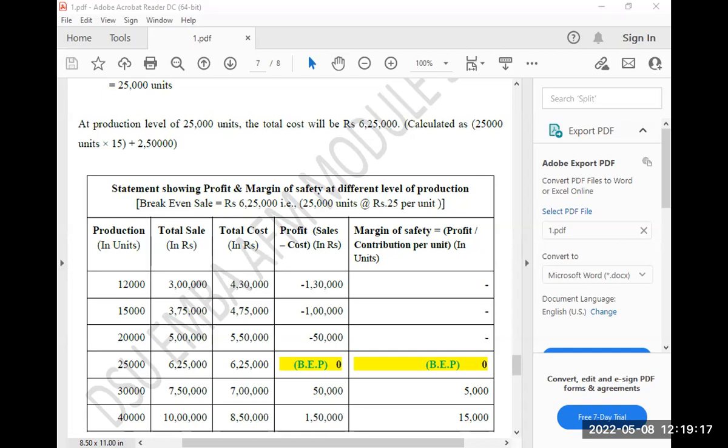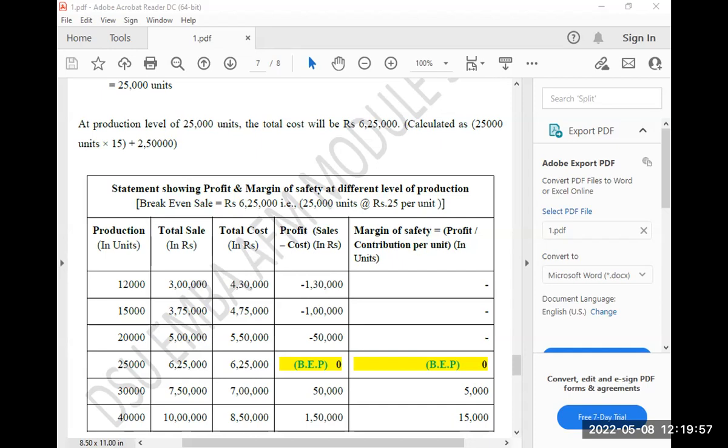Sales minus variable cost is contribution.